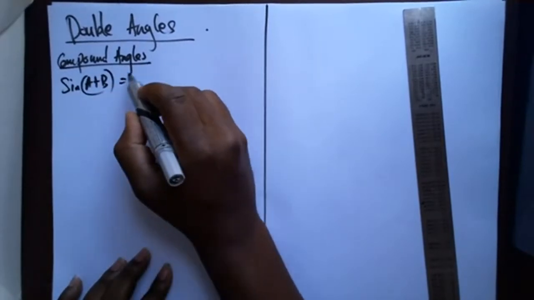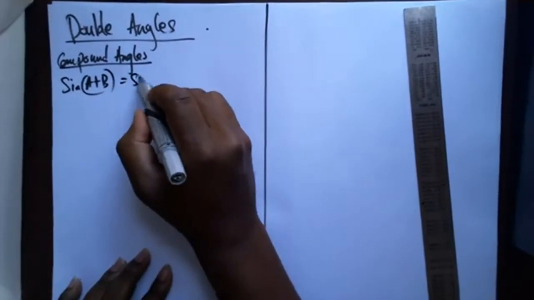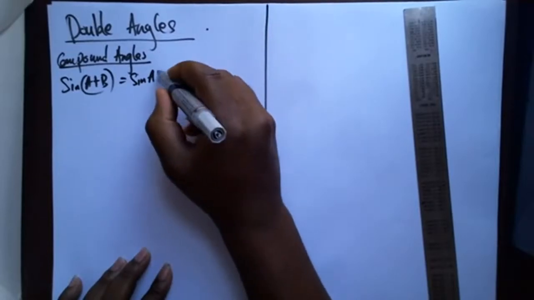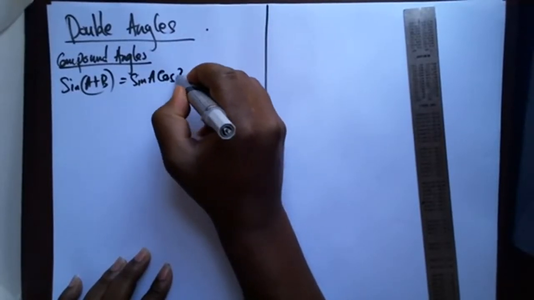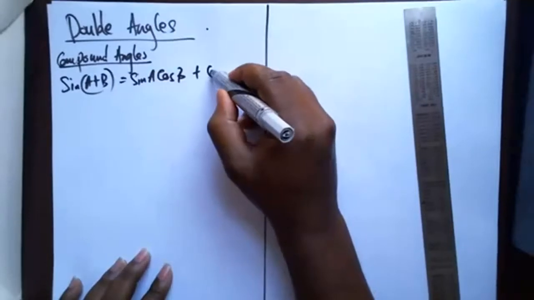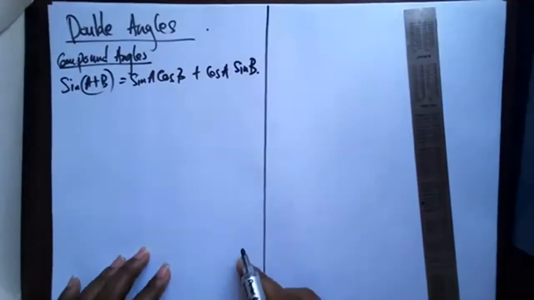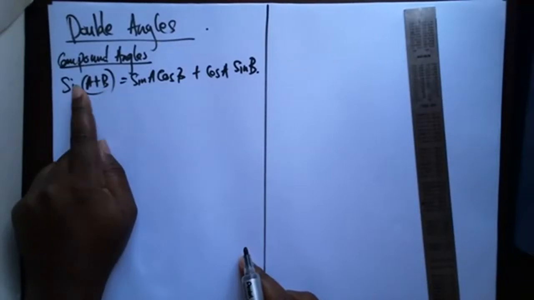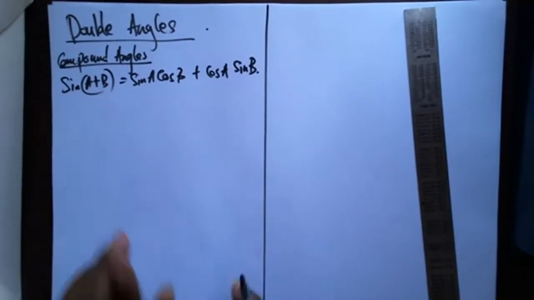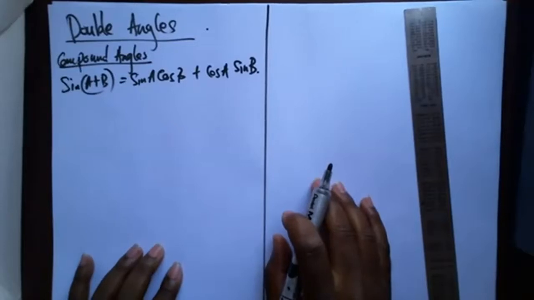We say this is equal to sine A cos B plus cos A sine B. That is for two different angles. If the two angles are different, then it's totally different.